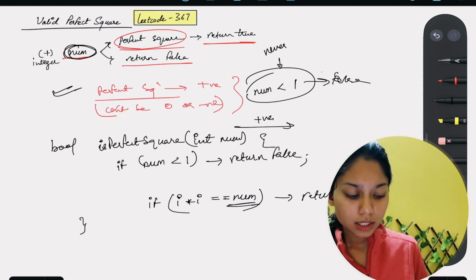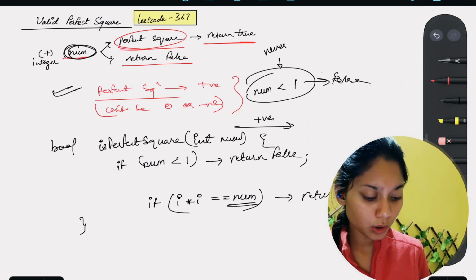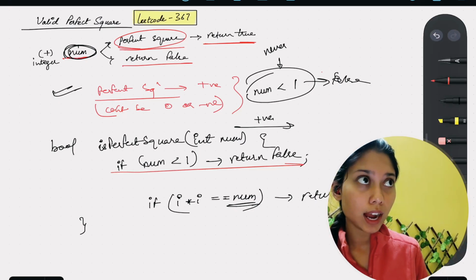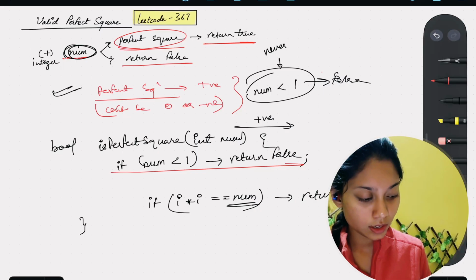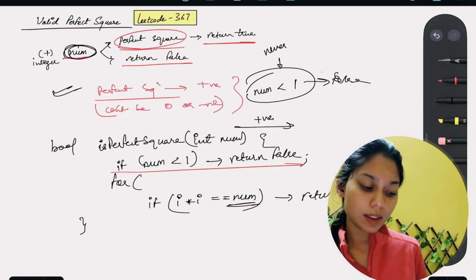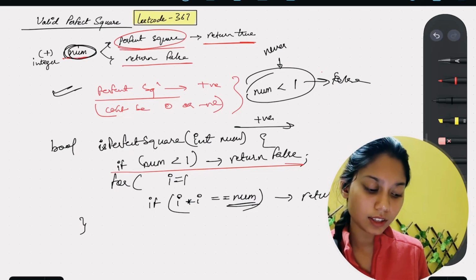Now, that was the case for less than 1. What about numbers that start from 1 and go on? For those numbers, we use a for loop, that is i equals 1, as we have already checked below 1.